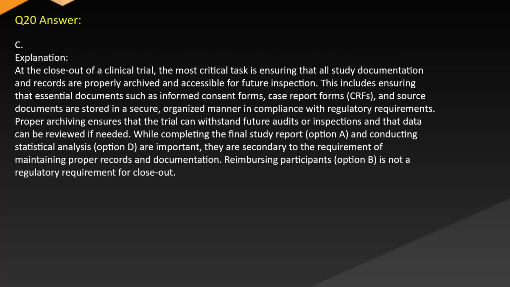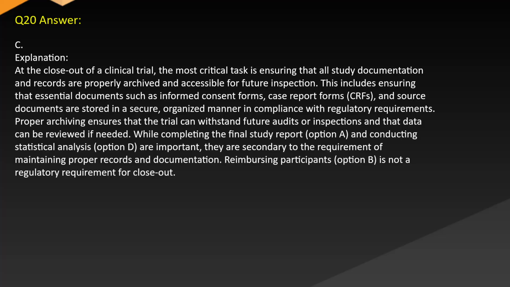Answer: C. Explanation. At the closeout of a clinical trial, the most critical task is ensuring that all study documentation and records are properly archived and accessible for future inspection. This includes ensuring that essential documents such as informed consent forms, case report forms, and source documents are stored in a secure, organized manner in compliance with regulatory requirements.